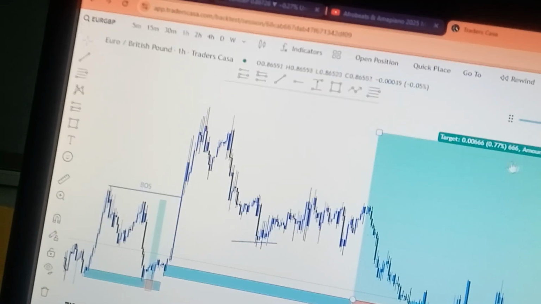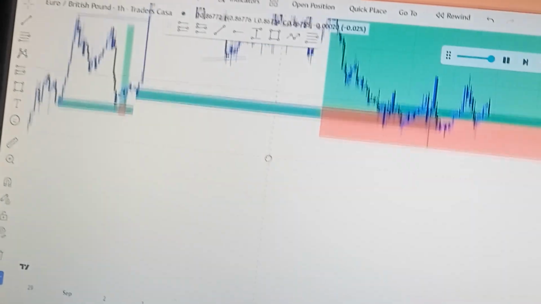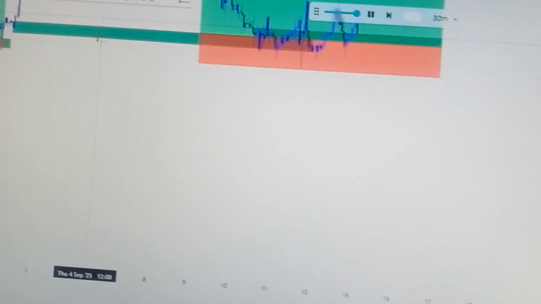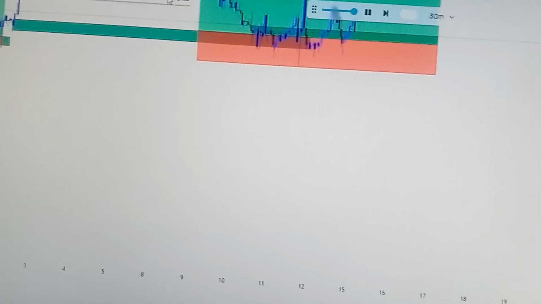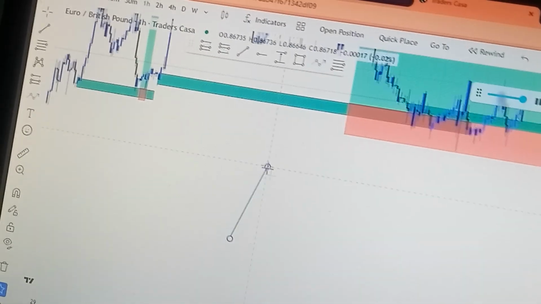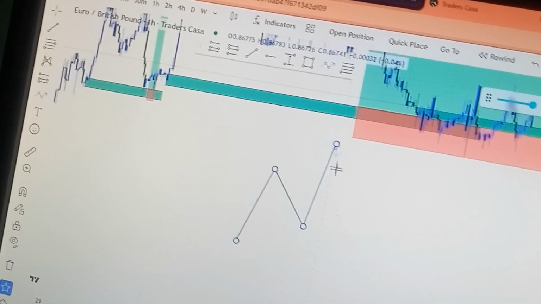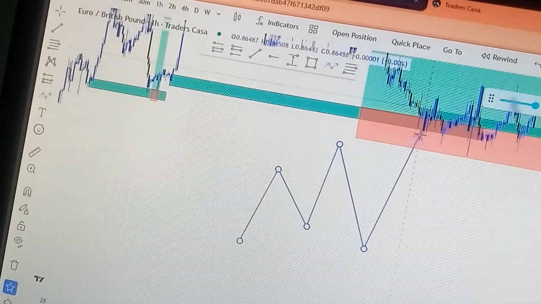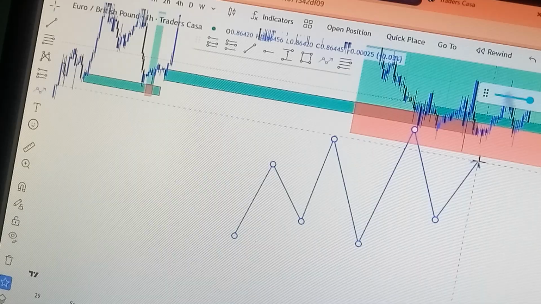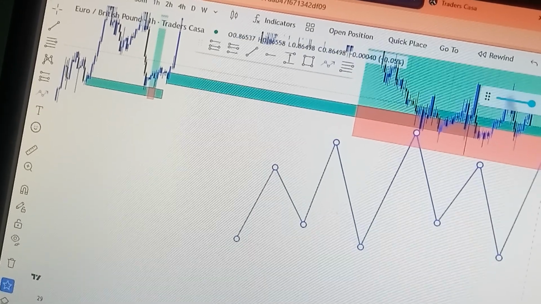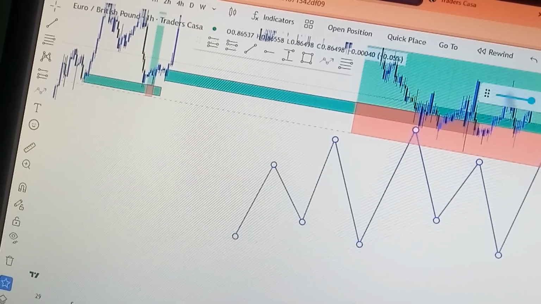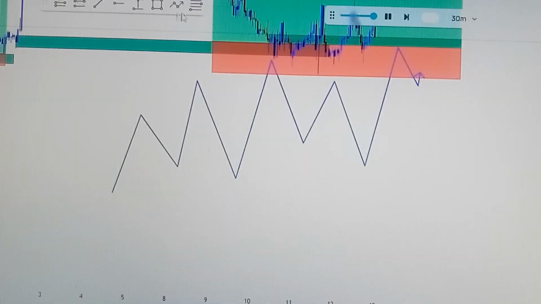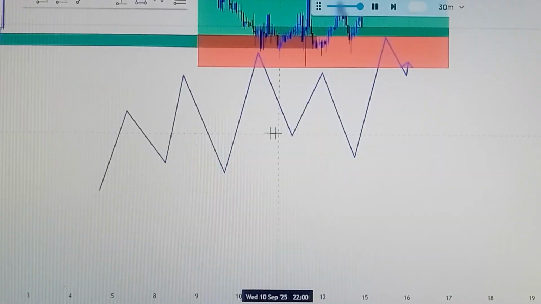I usually trade using SMC, so let me show you what I usually wait for. If it is an uptrend, I usually wait for price to clear this liquidity that is always here.